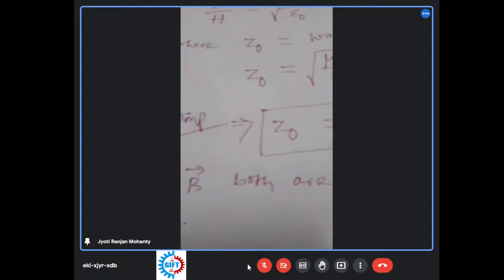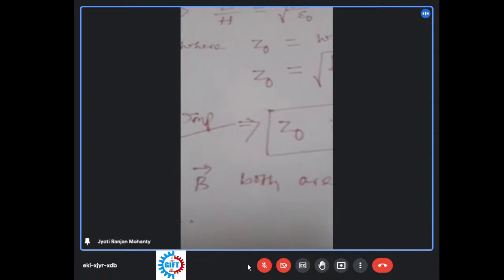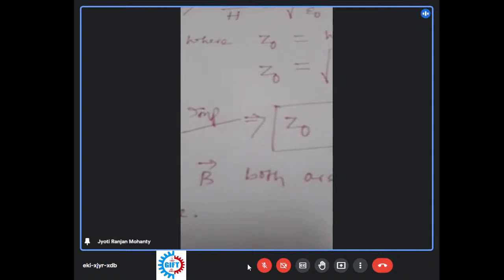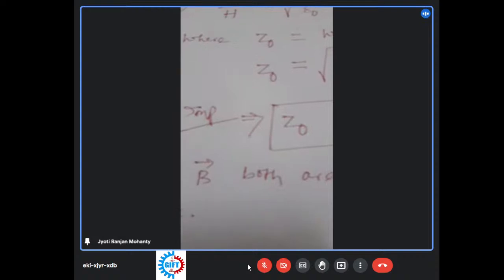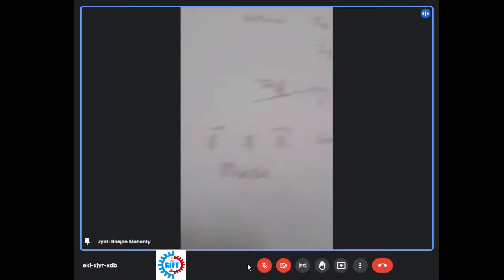Okay, E and B have same relative magnitudes at all points. Okay, so write, E and B, E for electric field, B for magnetic field, have same relative magnitudes at all points at all times.